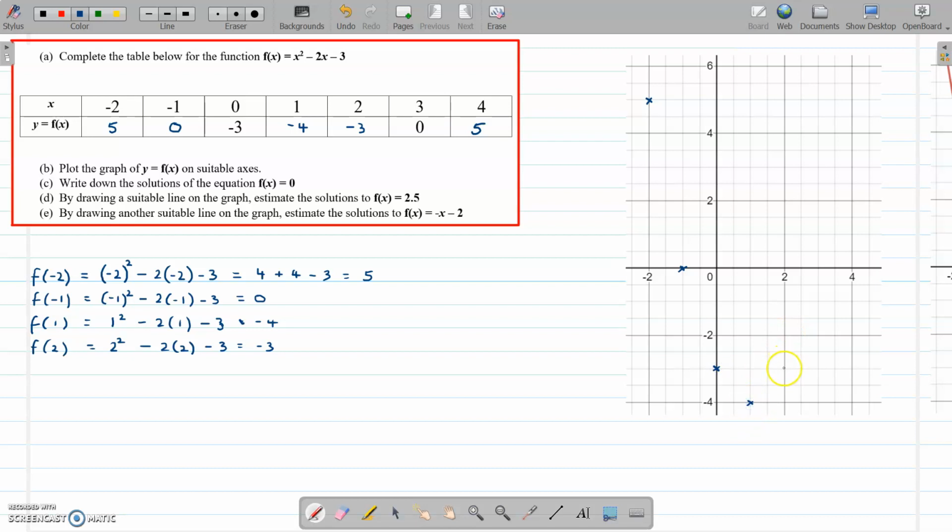Then we have 2, negative 3. And then we have 3, 0. And finally 4, 5, which is up here. So you should see a smooth symmetrical curve shape. If you don't, you've plotted one of the points wrongly, if it's a quadratic, which this is.